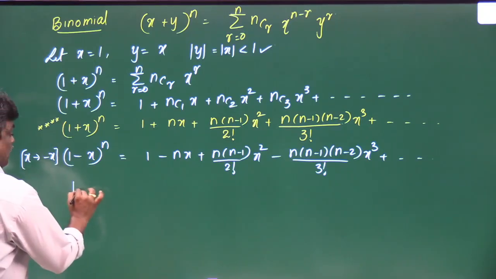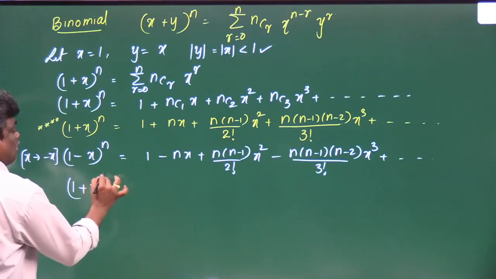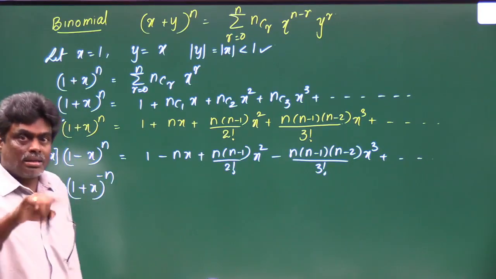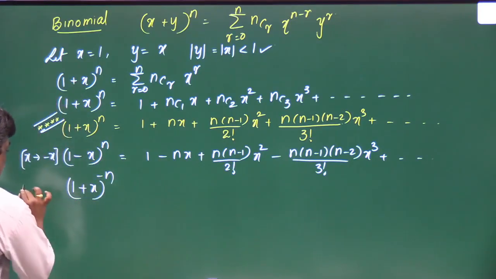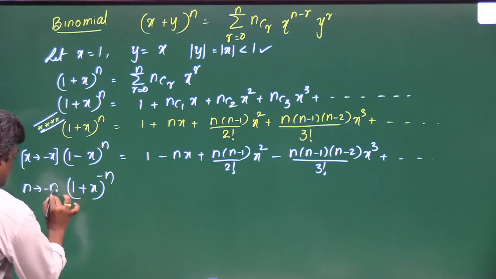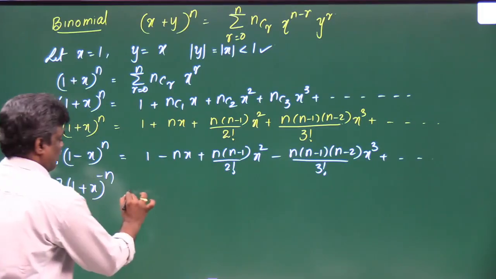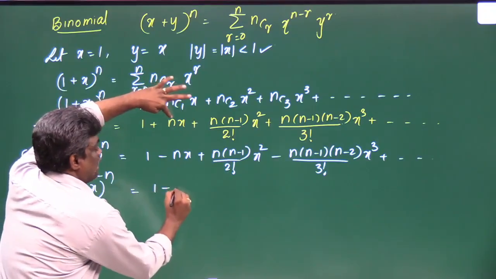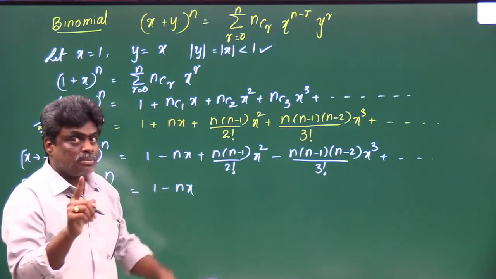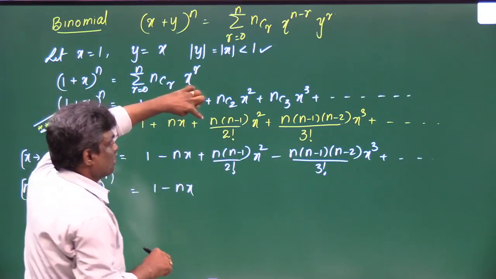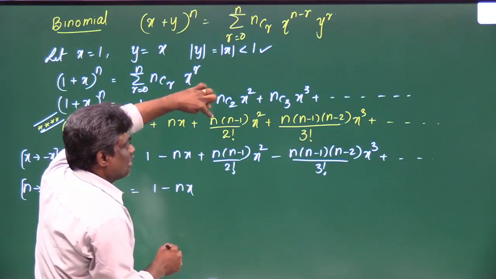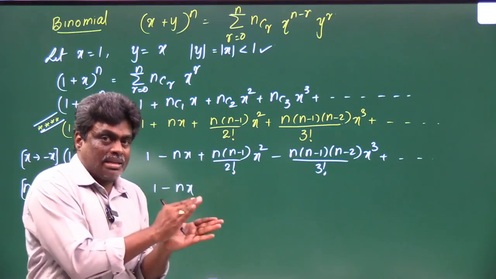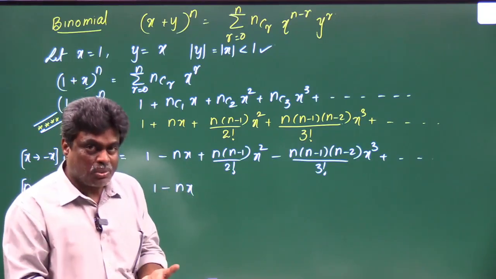Now one more thing: I want to find (1 plus x) whole power minus n. Take this as a standard formula and substitute n equal to minus n. So 1 minus nx, and here it is minus n and here minus n minus 1, so you can take minus common, then it will be n plus 1.